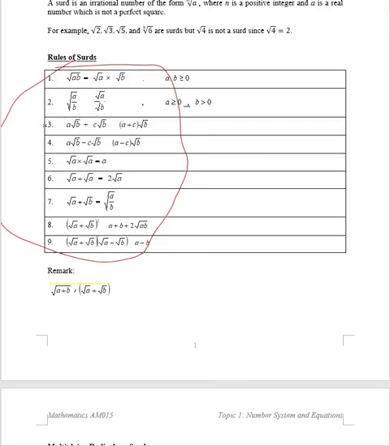Okay? 6 surd 7 plus 2 surd 7. How to solve this? You can use the rules of surds, and the rule that you can use for addition is number 3. As you can see, if you want to use this rule, the value inside the surd must be the same for you to add the numbers in front.